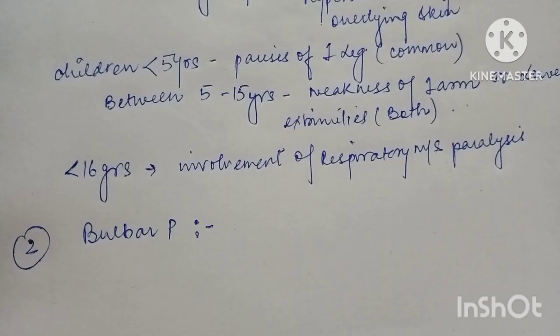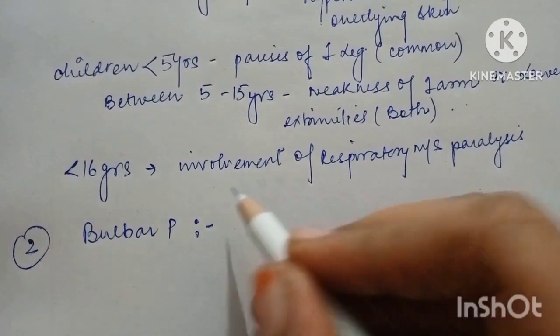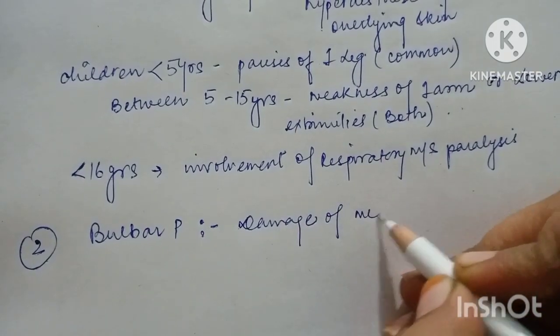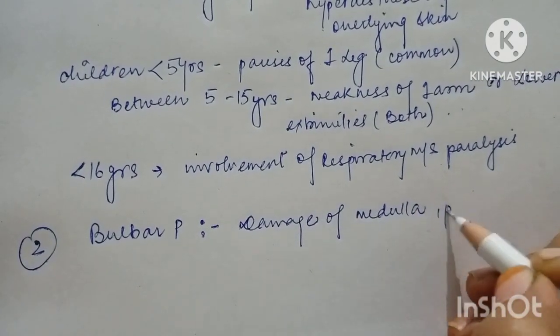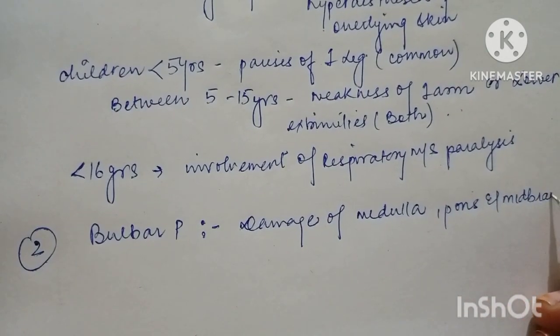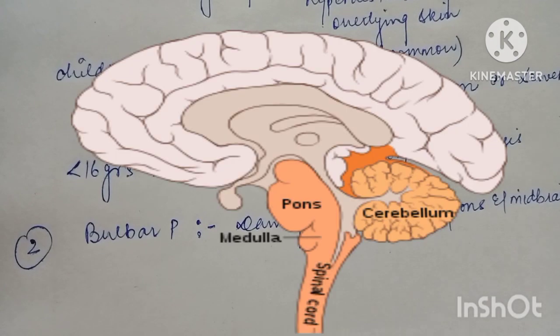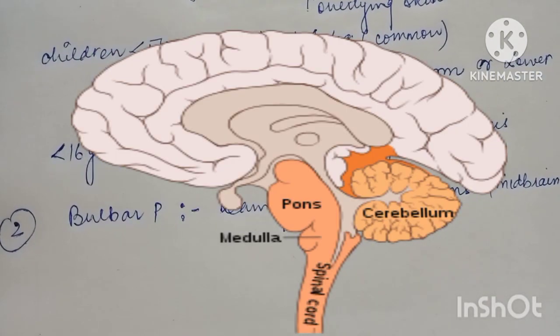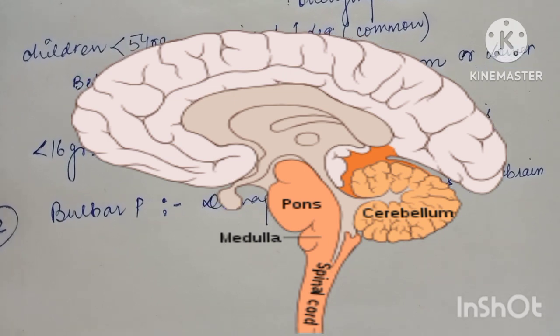Now let's come to the second type, that is bulbar poliomyelitis. Bulbar poliomyelitis involves damage of the medulla, pons and midbrain. You can see in the picture.